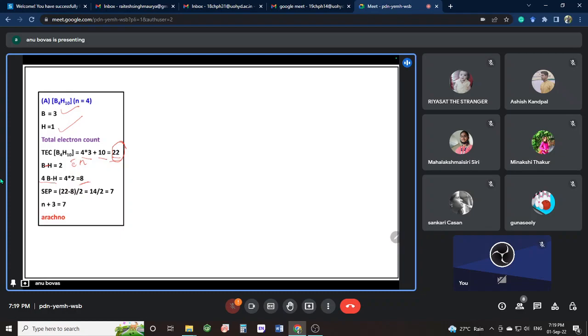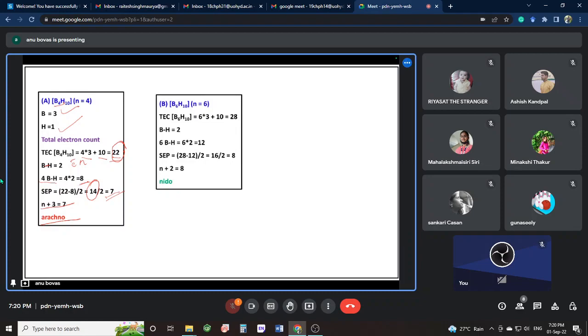The remaining electrons, 22 minus 8, that is 14 electrons, will be utilized for the cluster formation. So the number of skeletal electron pairs will be 14 divided by 2, that equals 7. Since n here is 4, 7 means it is n plus 3, which according to the table falls under the arachno structure.